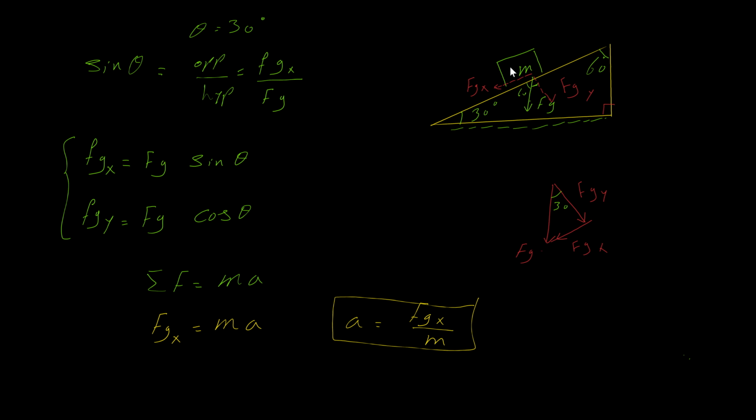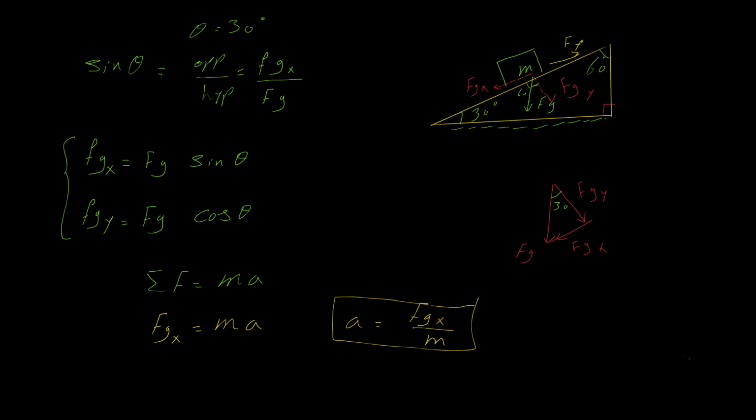The object tends to go down the incline, so the force of friction is going to be in the opposite direction. So we will have F of friction in the opposite direction, and the sum of the forces is going to be the sum of these two forces.